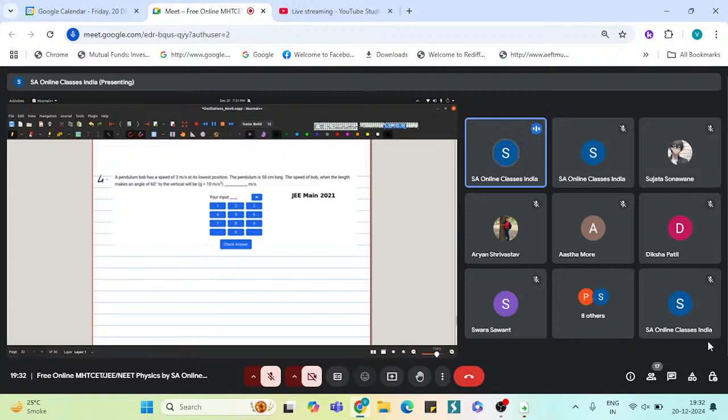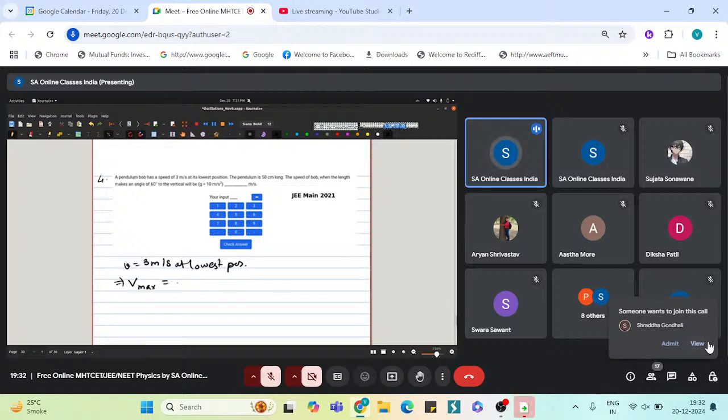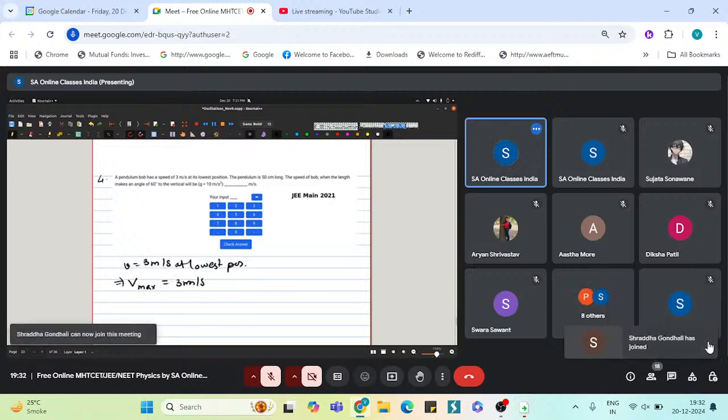So this is basically a question: a pendulum bob has a speed of 3 meter per second at its lowest position. So at lowest position, meaning this is the V max. So this implies V max is equal to 3 meter per second.